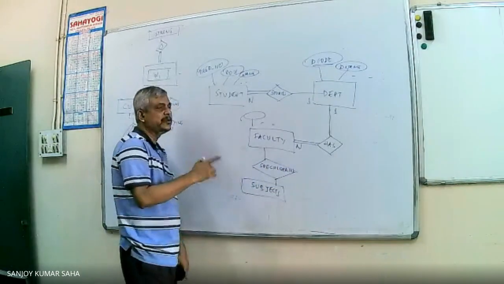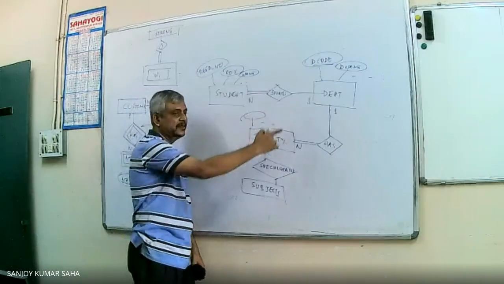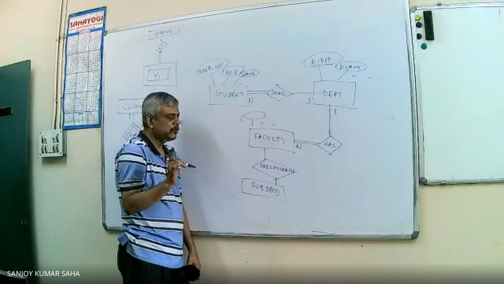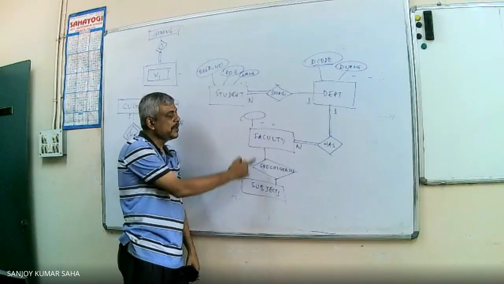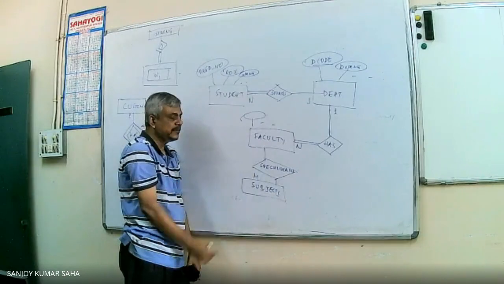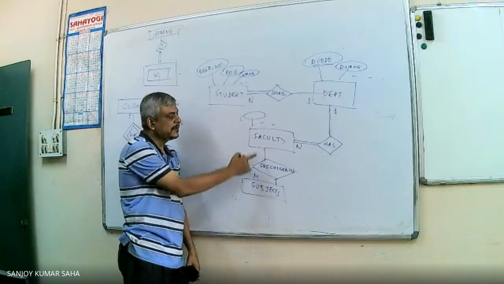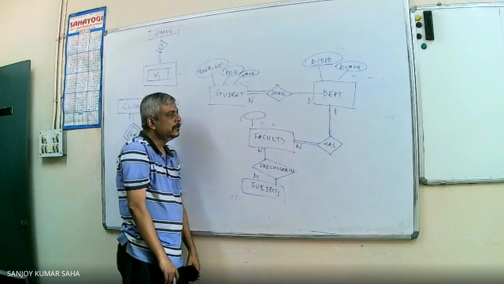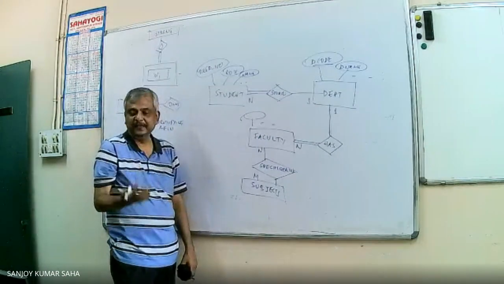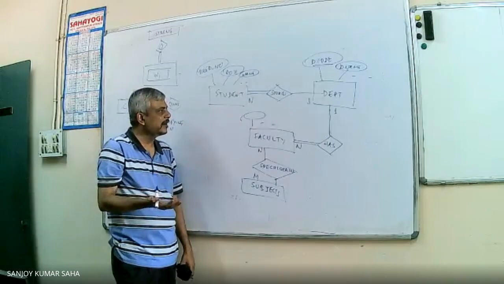Normally left to right, whenever you traverse a relation, when you study, left to right, top to bottom. That is a normal convention, always may not be feasible. So faculty is specialized in subjects. A faculty may be specialized in multiple subjects. On the subject, there will be multiple faculty. So this is many-to-many. So in these ways we can develop the diagram.